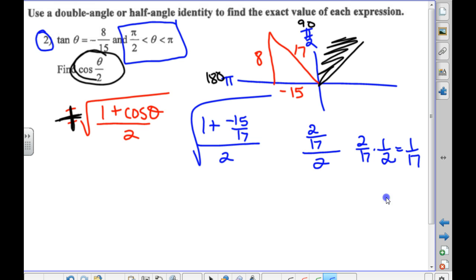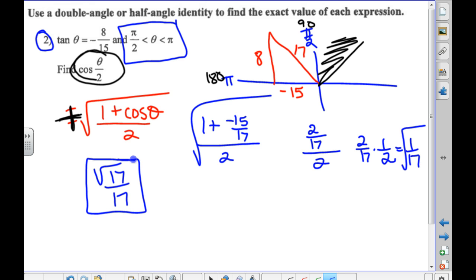Square root, and we get, 17 is a nice prime number. So the final answer is square root of 117? No, square root of 17 over 17.